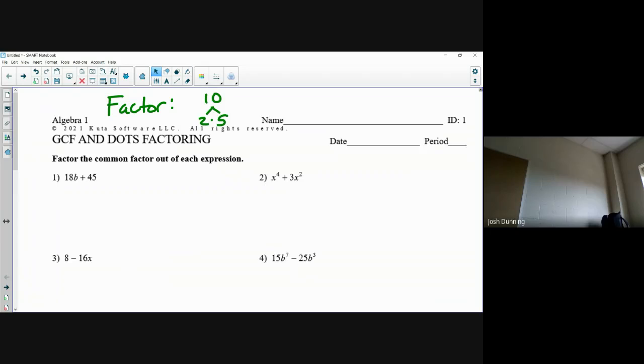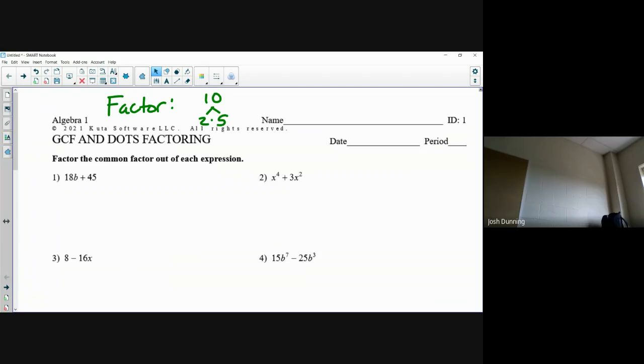But we have 18b plus 45. Now, there's no b in the second term, so there's no common variable in them. So we don't have to worry about a variable in our GCF on number 1. And I'll explain what I'm talking about when we hit the second one. We just got to look at the numbers.